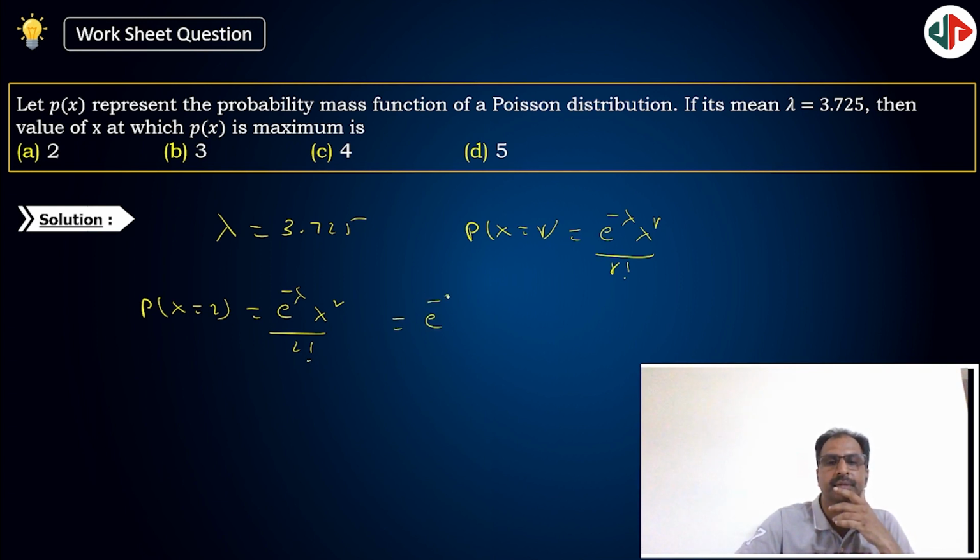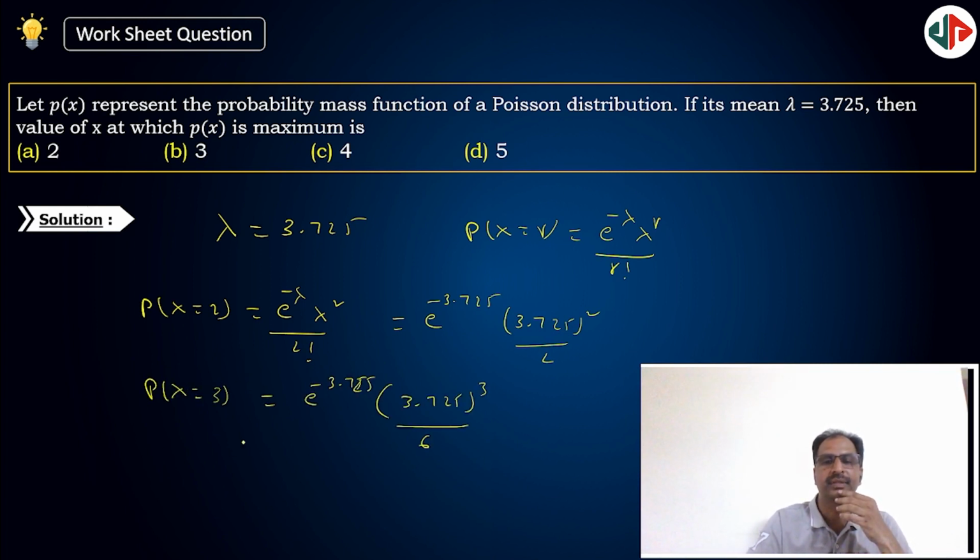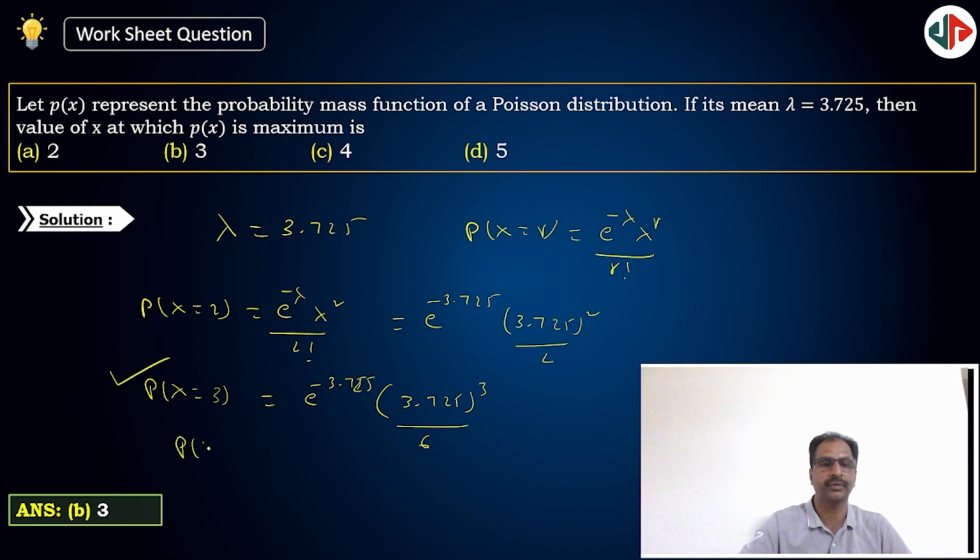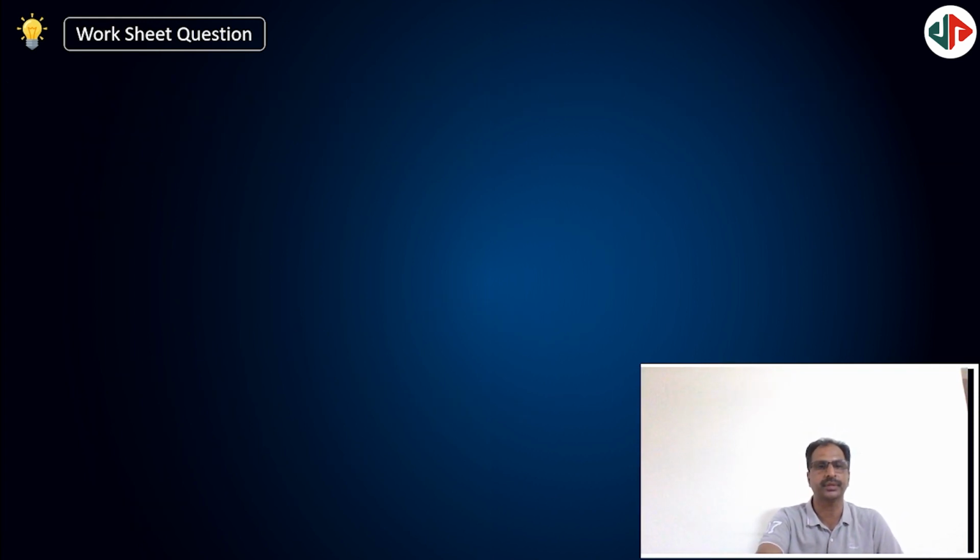So e power minus 3.725 into 3.725 whole square by 2. Next, like that, find all the values, and you will see that out of all the values, this will be maximum. You can also find p of x is equal to 4, p of x is equal to 5. Out of all the values, this value will be maximum. So option B is the correct.